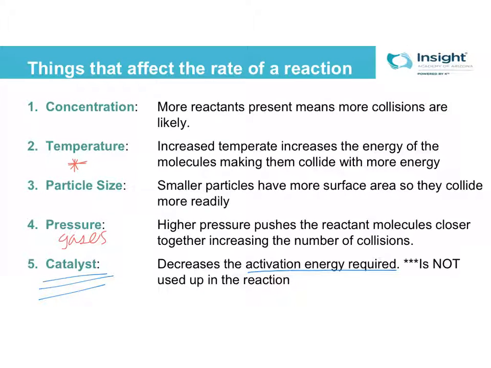It is a chemical, but it doesn't get used up in the reaction. It's like a wagon that brings the chemicals together, but the wagon itself isn't one of the reactants. So this is not a reactant. It does not actually react at all with the chemicals. It just facilitates the reaction and makes it easier to get the chemicals into that transition state.